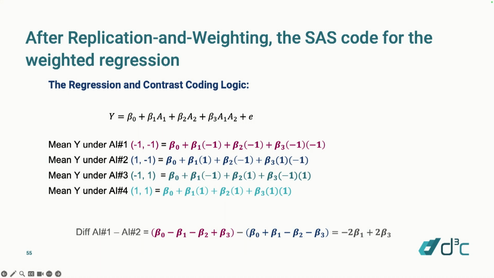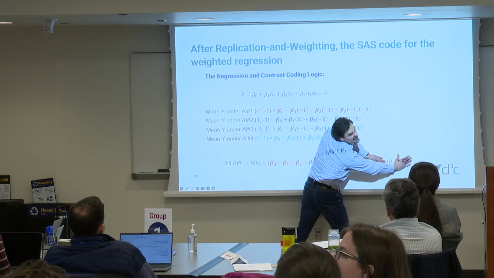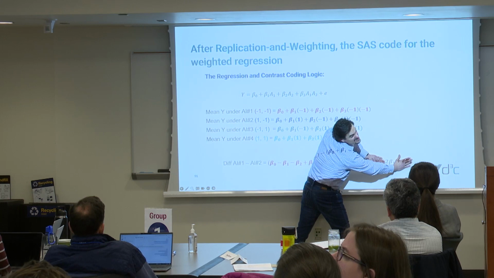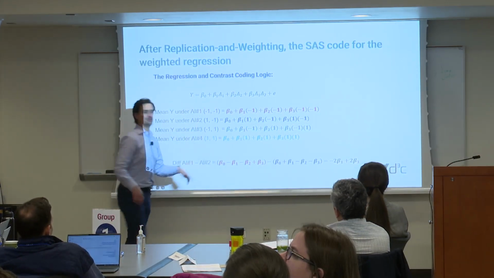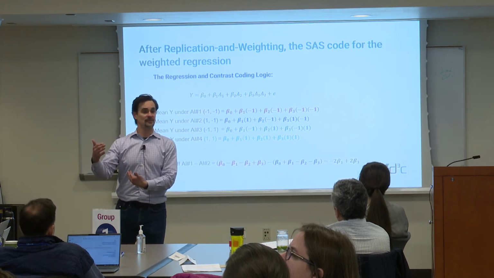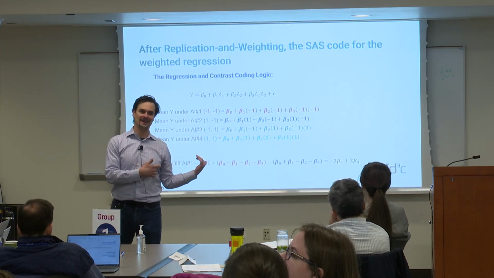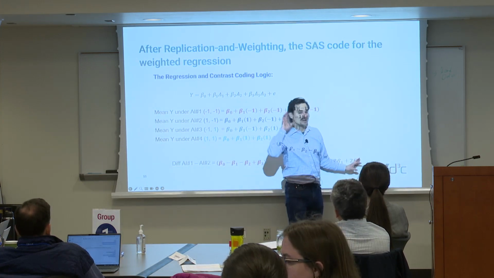So can you guys just focus on negative 2 beta 1? What was that again? What is 2 beta 1? Main effect of first stage. And weren't AI1 and AI2 only different in terms of first stage? So I would expect that term to be in there, right? But there's something else going on.